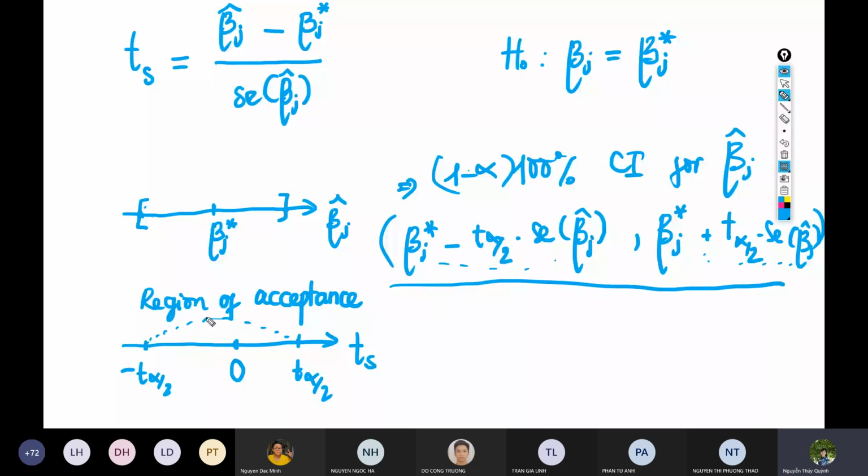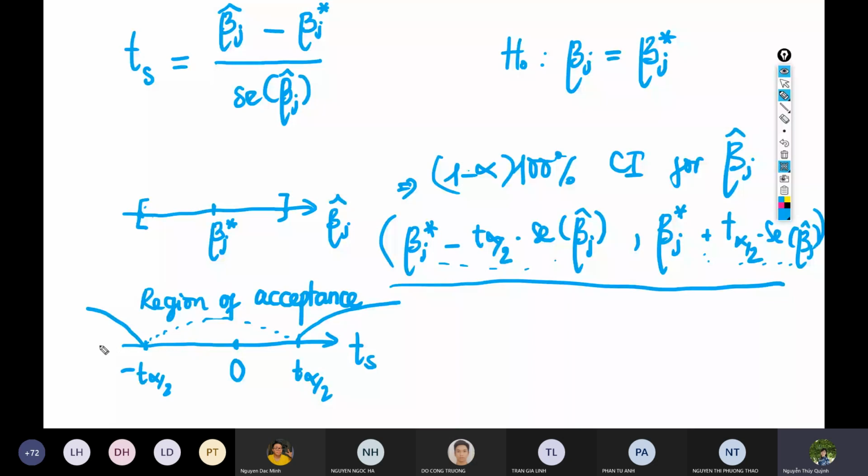And these two areas outside the region of acceptance are called the critical region, or the rejection zone, for the null hypothesis, which means that if the observed value of t falls into this range, then we can reject the null hypothesis.